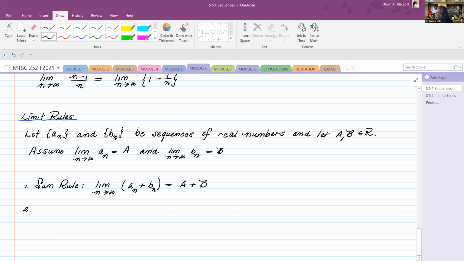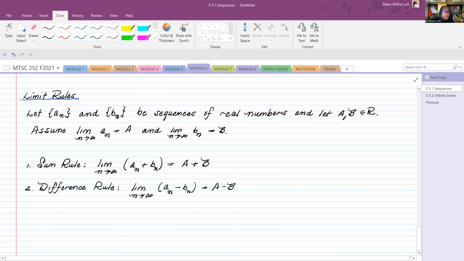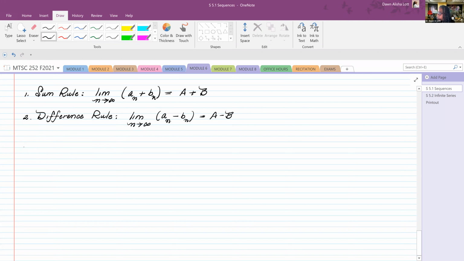The difference rule, not root, rule, says the limit as n approaches infinity of a sub n minus b sub n is just A minus B. That's simple. Those two are the easiest. Constant multiple rule. We've already done that. We multiplied by minus 1.